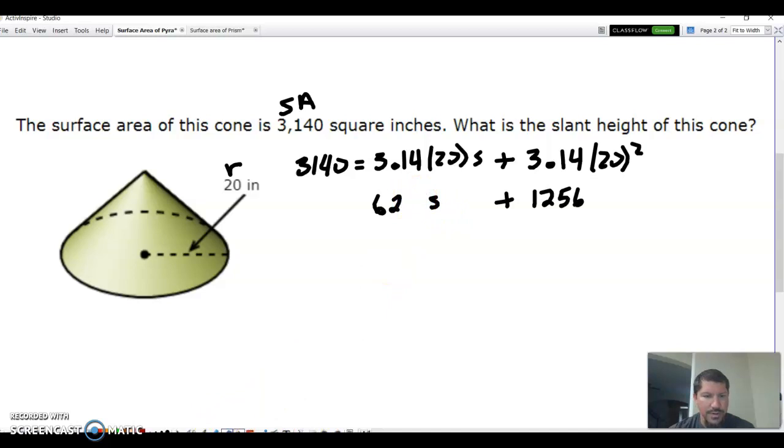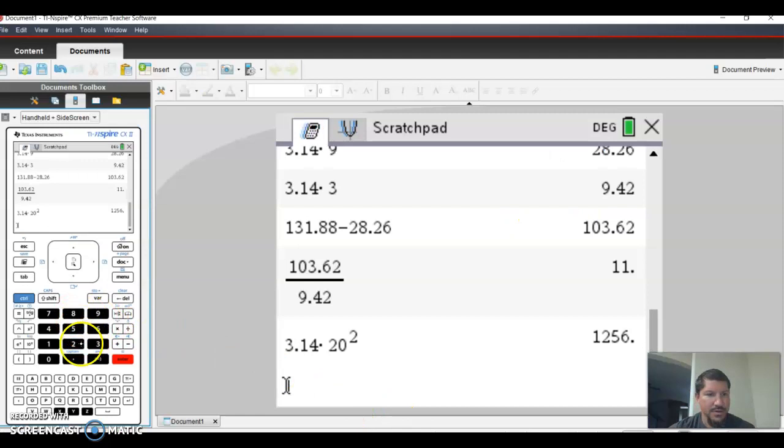And 3.14 times 20 is going to be 62.8, because 2 times 4 is 8, 2 times 1 is 2, 2 times 3 is 6. Move the decimal one place to the right because we're also multiplying by 10, and voila, you have it. 3140. Okay, so then we subtract 1256 from both sides.